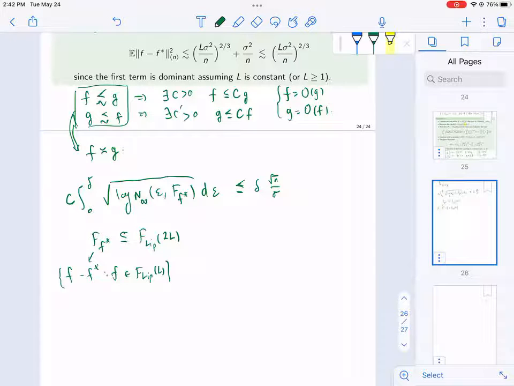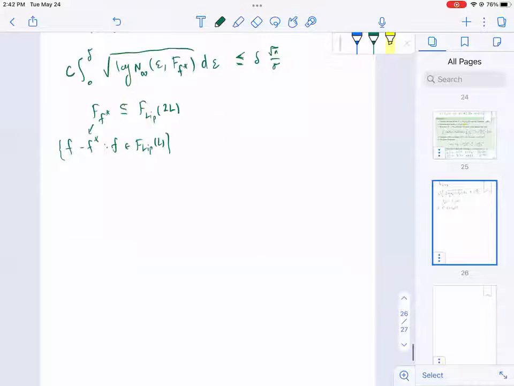It's easy to show. So I'm going to solve this inequality, log N infinity of F Lipschitz 2L.